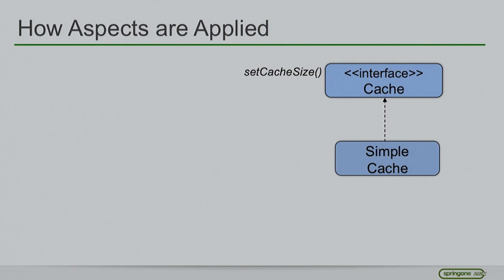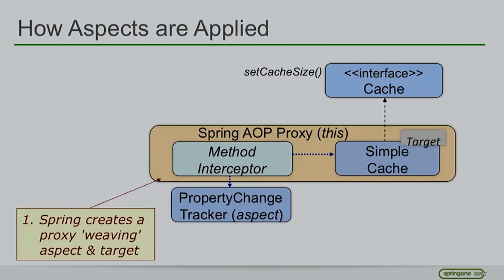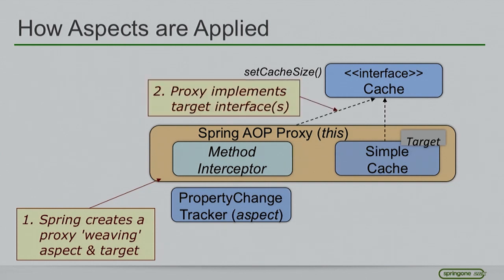And in this case, it's going to say, do I have any methods on this simple cache that match the pattern that I've described with that pointcut expression? If so, then create a proxy on the fly using a mechanism I'll talk about in a second. And then it's going to apply what's called a method interceptor that's going to make sure that that request gets routed to the property change tracker before it actually gets routed to the actual target object. That's essentially, in a nutshell, what's happening with proxy-based AOP.